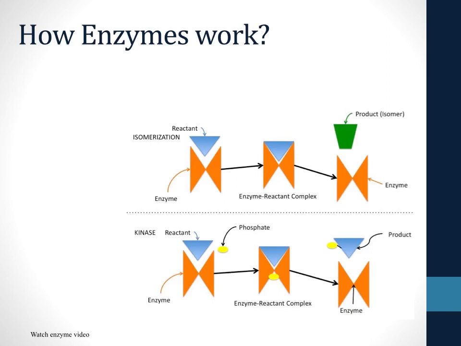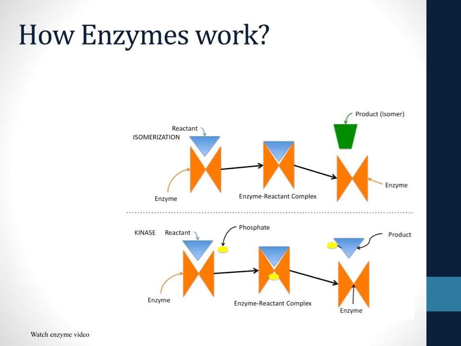The different types of reactions get identified by the different types of enzymes. All enzymes have the end phrase ASE. So, if I have an enzyme that is known as an isomerase, that's this enzyme.